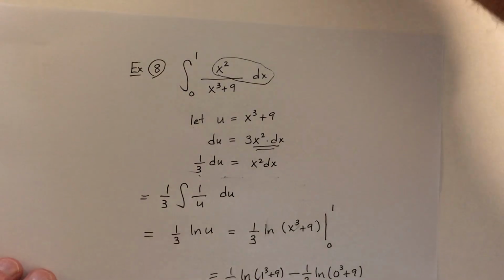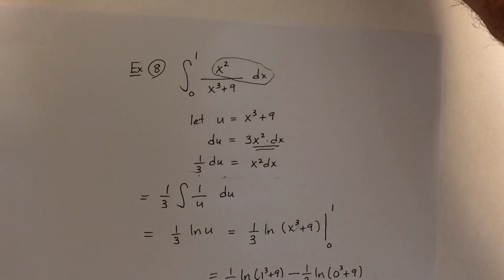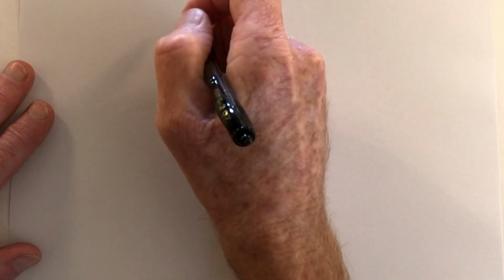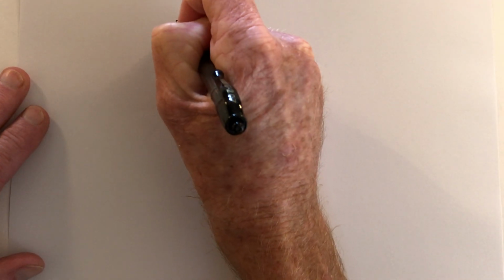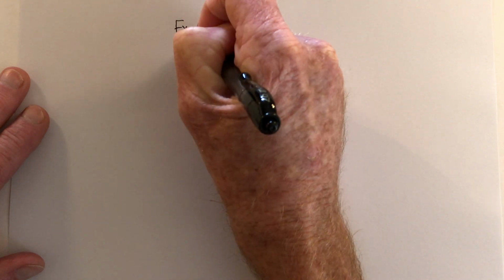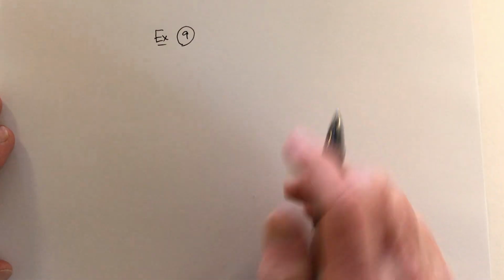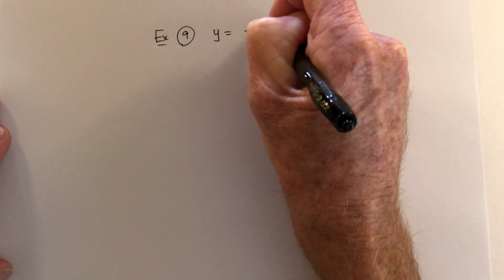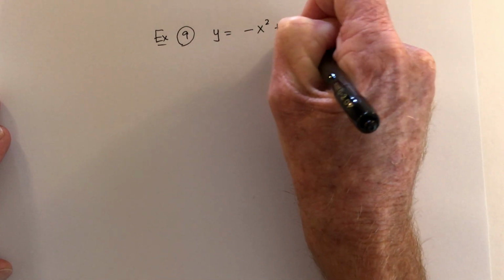Okay, so there is one more idea that we need to do. This is example number 9. All right, suppose you have this function, y equals -x squared plus 5x.